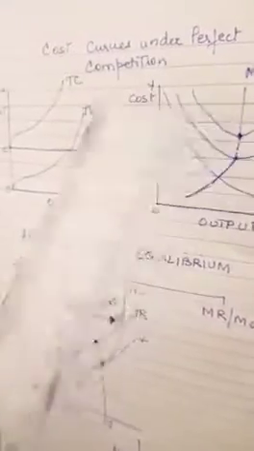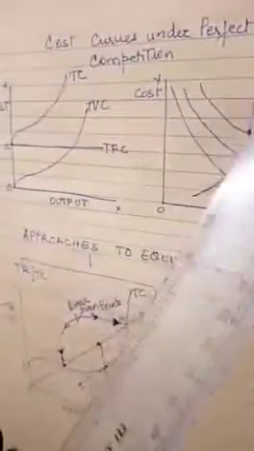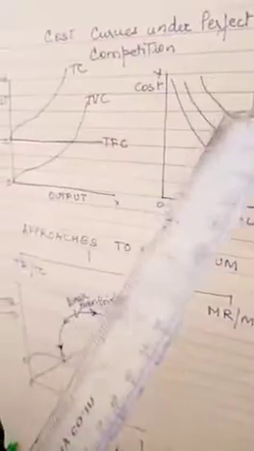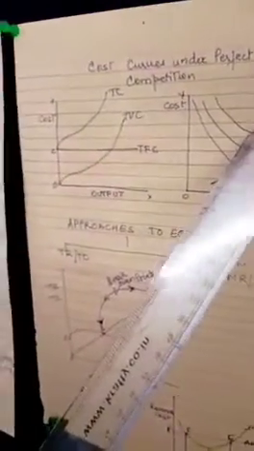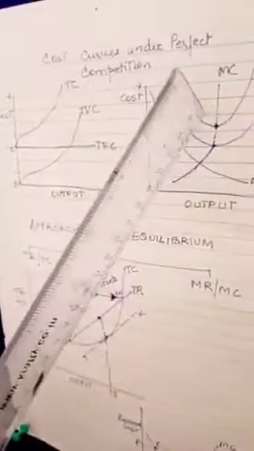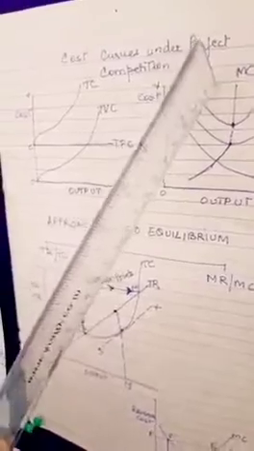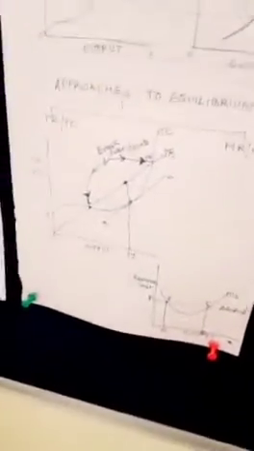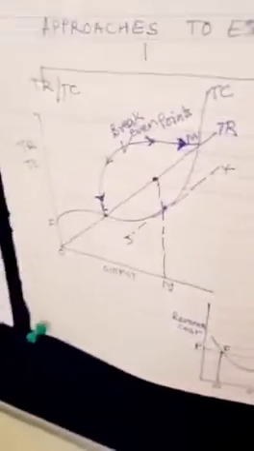So the relationship can also be described here: when MC and AC fall, MC falls at a rapid rate, MC cuts AC at its minimum point, and when both increase, MC increases at a rapid rate.